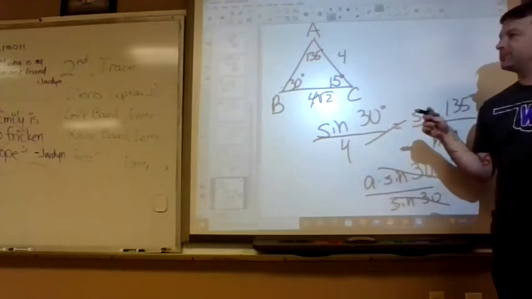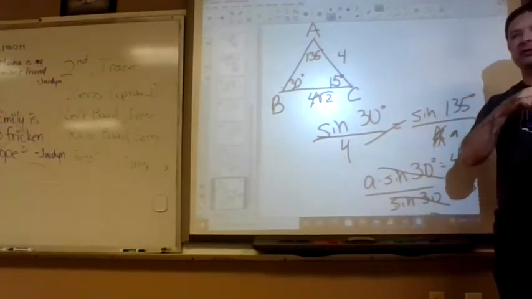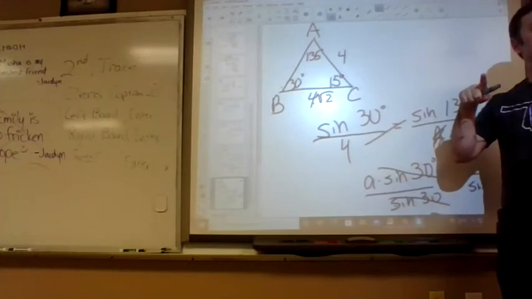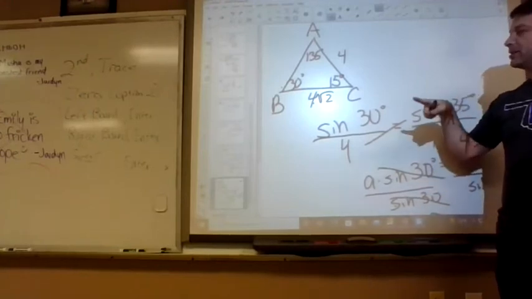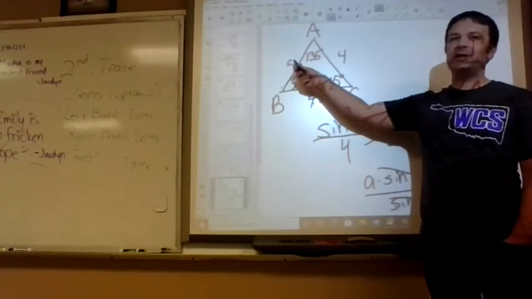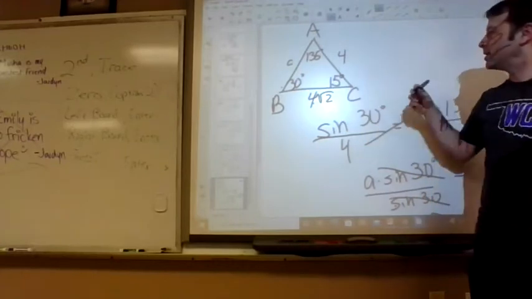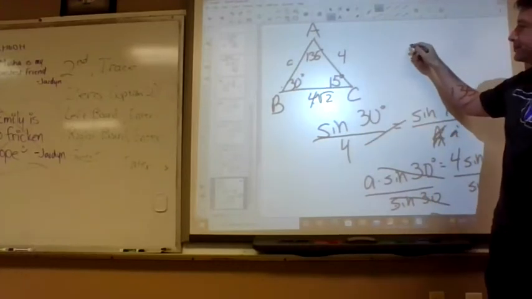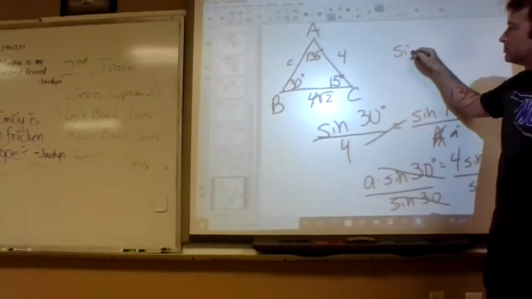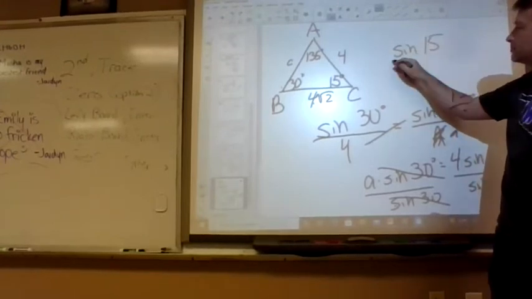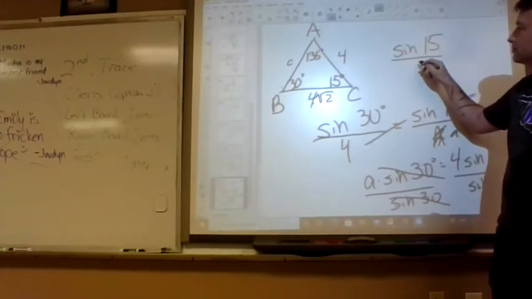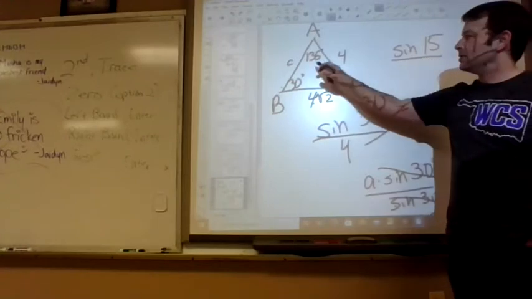So Drew did the last one, or didn't you? That was Matthew. Somebody set up for C here. I'll do it. Yeah, I'll try it. All right. I said 4 over 30. Alright, you do sine 15, right? Yeah, over sine, no, over, wait, what do you go over?